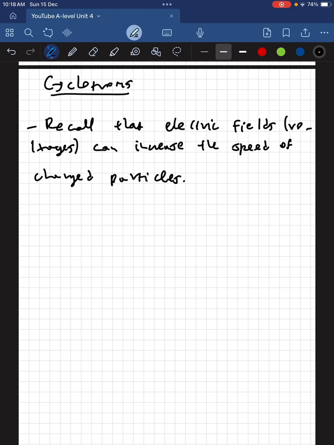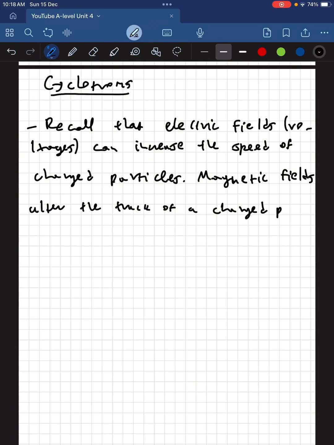Now, magnetic fields cannot increase the speed of particles, but they can bend them. They can force them to undergo a circular motion, right? So magnetic fields, in a sense, alter the track of a charged particle. Okay, so using these two fields in tandem allows you to accelerate particles.